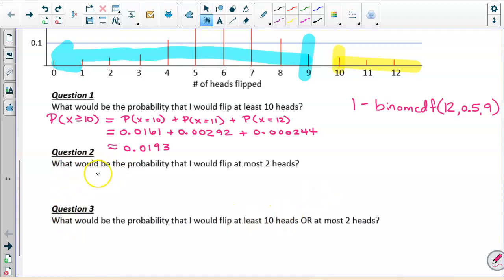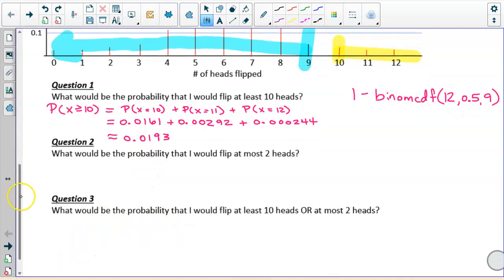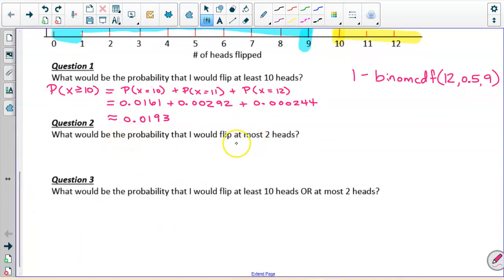All right, go ahead and answer question 2 and try to answer question 3, and then we'll go over it together, okay? So the probability that I would flip at most 2 heads means 2 or less. So that's going to be the probability that x is less than or equal to 2, including 2, right?